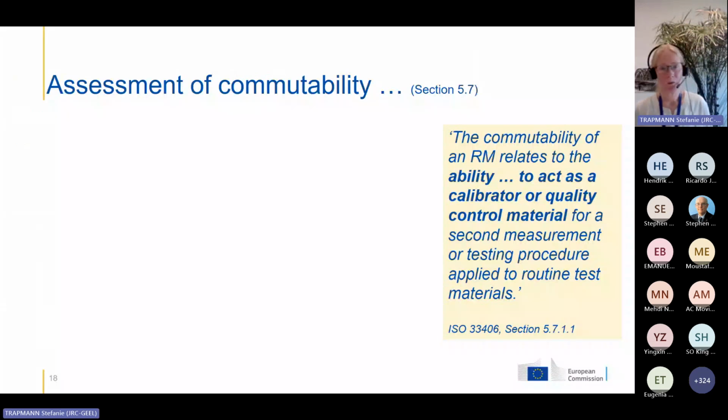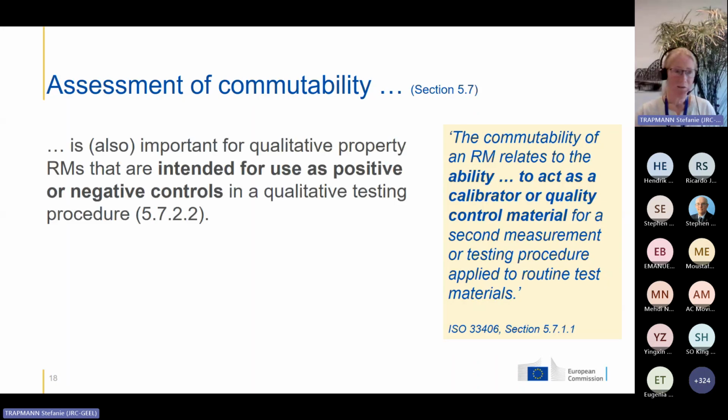Assessment of commutability. Well, the commutability of a reference material basically describes its suitability to use it as a calibrator or as a quality control material in a second measurement on a routine sample. So therefore, it is important to realize that commutability is also an issue for qualitative property reference materials.